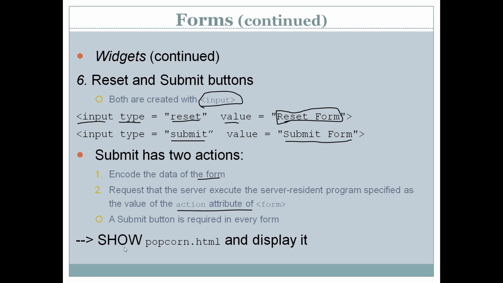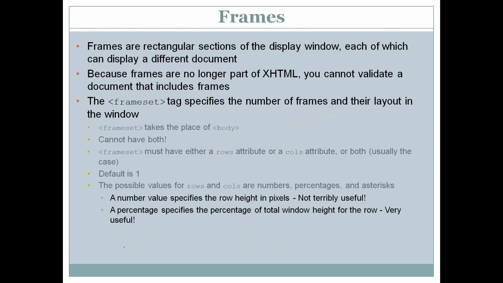Now we will continue our discussion with the next topic, that is frames. There is a lab program based on frames as well, so this is important. Frames are usually used to create rectangular areas in your document.